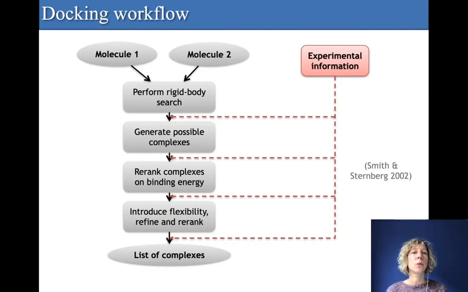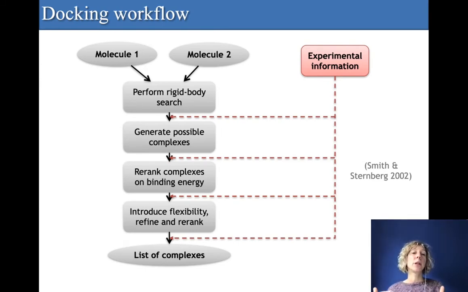So this is a typical workflow. You have the two molecules. For example, you perform a rigid body search, so you consider them as rigid objects. You just have your 6D exploration, generate possible complexes, and rerank the complexes based on your scoring function, or the binding energy that you estimate with the scoring function.